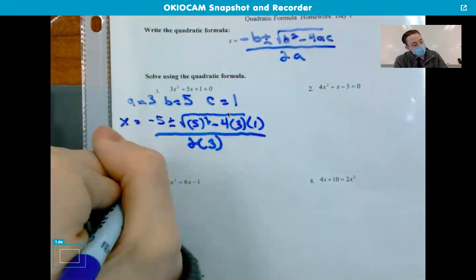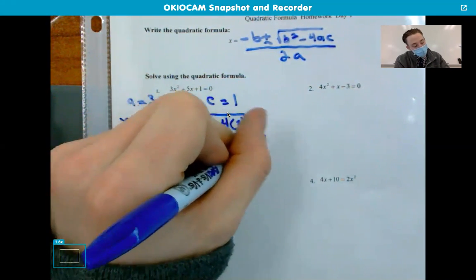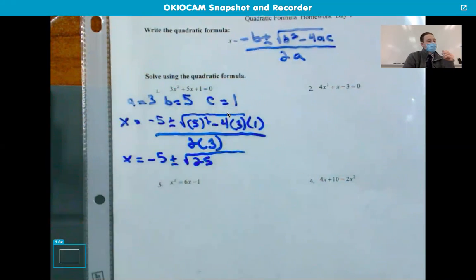X is going to equal negative 5 plus or minus. How does the square root simplify? So what's 5 squared going to give me? 25. And then negative 4 times 3 times 1. So it's pretty much just negative 4 times 3.